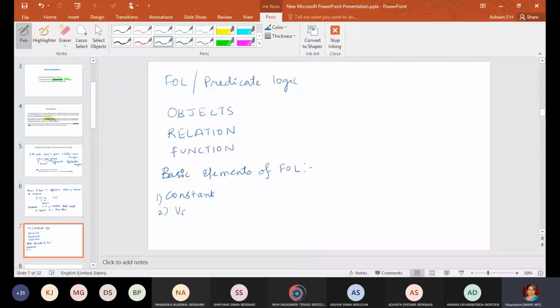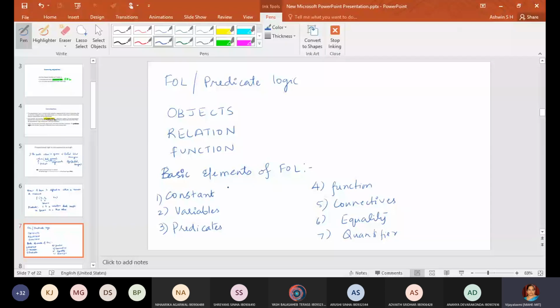Then we have variables, then predicates, then functions, then connectives, which you already know, then equality, then quantifier. So there are seven basic elements, which I have already written here.